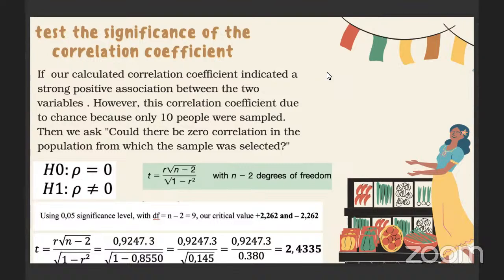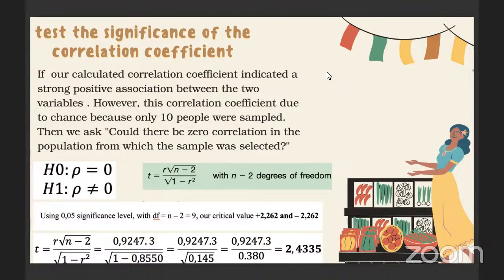Then the formula is t equals r times the square root of n minus 2, divided by the square root of 1 minus the square of r, with n minus 2 degrees of freedom. Here I use the 0.05 significance level with the degrees of freedom 11 minus 2, that is 9.